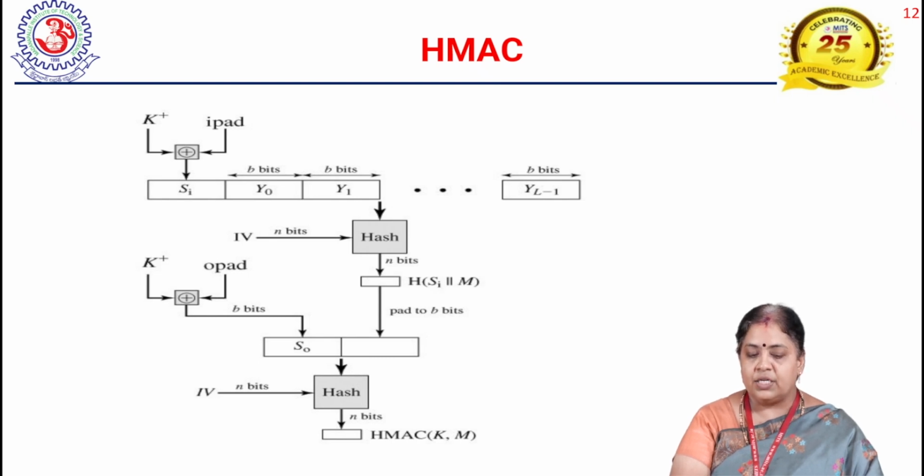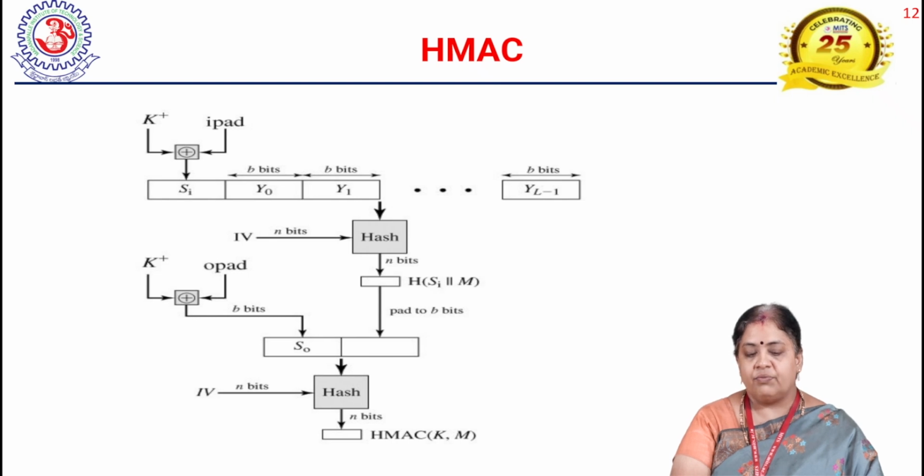Then we get SO, which is the result of the XOR operation of the key with the O part, that is the outer padding constant. After concatenating, we give the whole thing to the hash algorithm to produce the n-bit HMAC. That is an important peculiarity of the hash function.